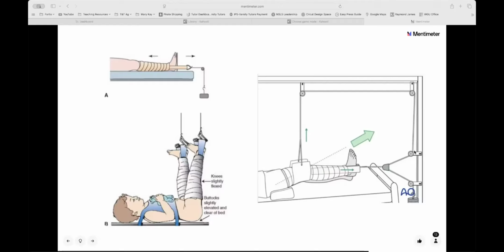Anytime we're using pulleys, what do we need to check when we're doing our safety checks? What do we not want to see in those pulleys? What would be a bad thing to see in that pulley system? If they're loose.